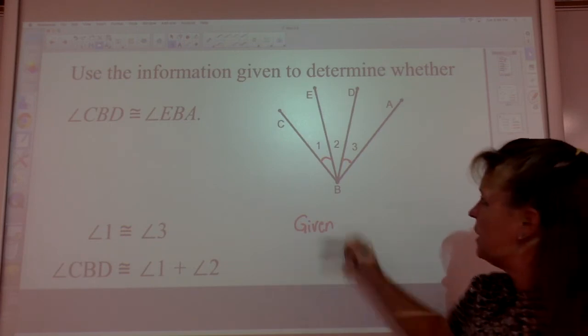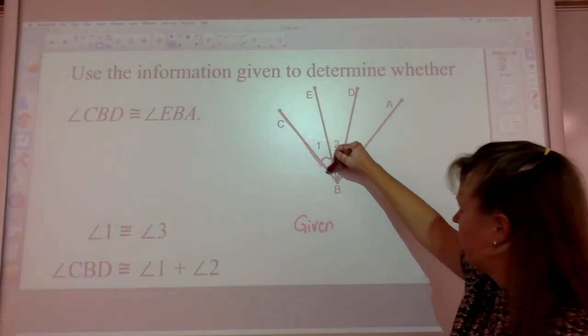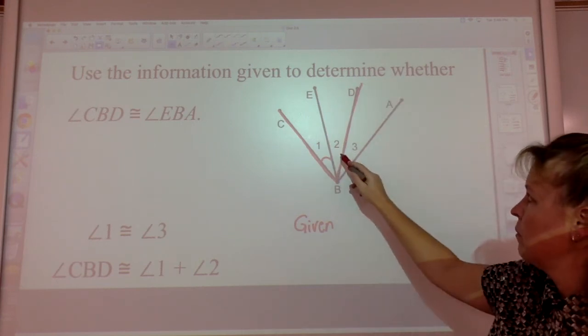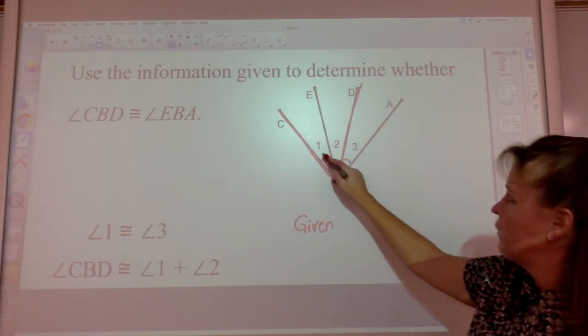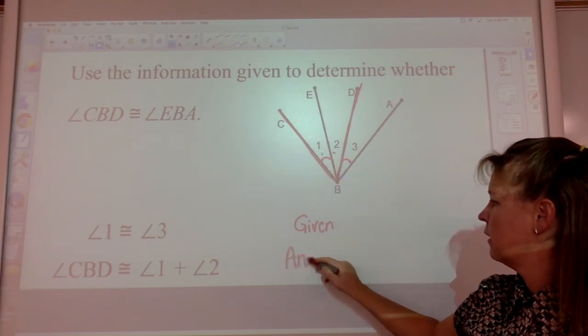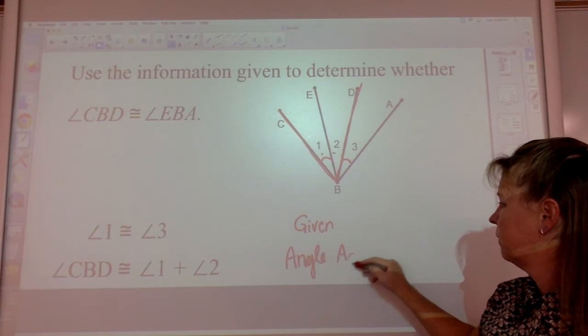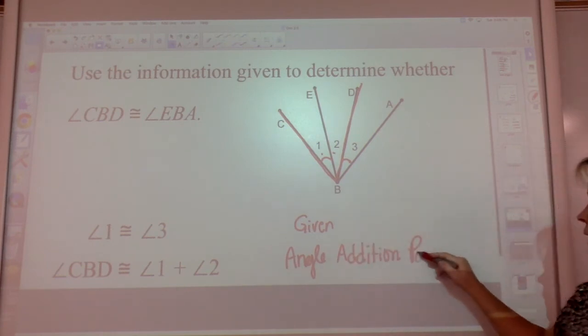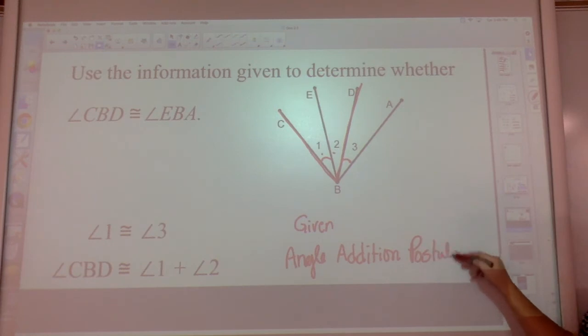Angle CBD, trace it if you have to. Angle C to B to D is angle 1 plus angle 2. I have two little angles. Altogether I make a big angle. That's the angle addition postulate. Two little angles make a big angle. That's the angle addition postulate.